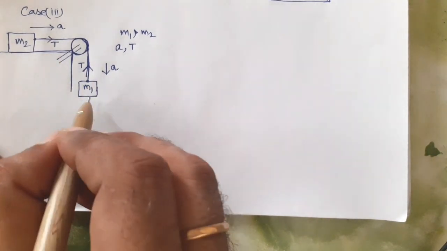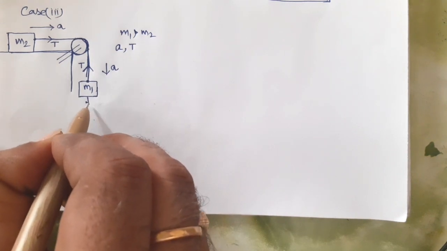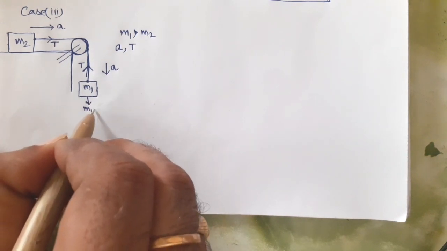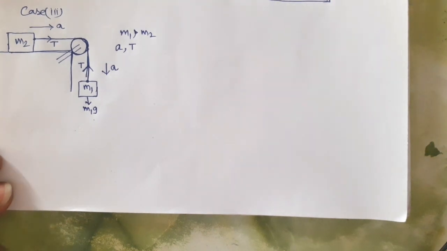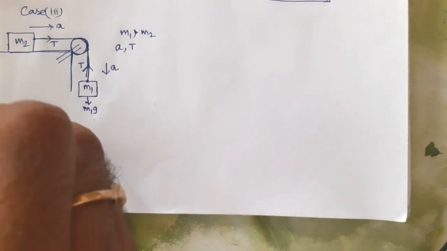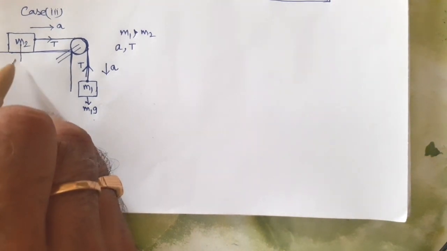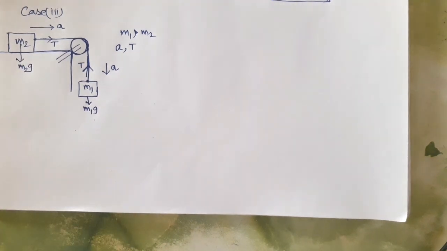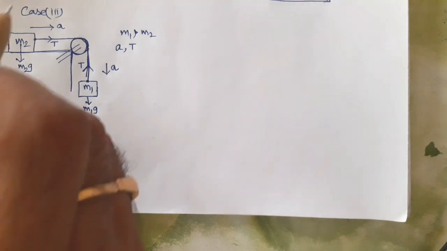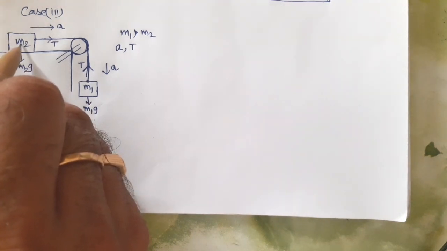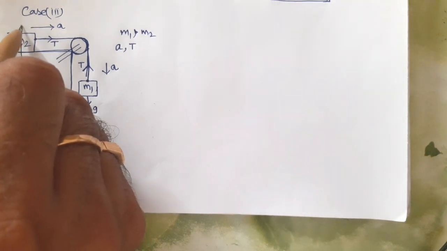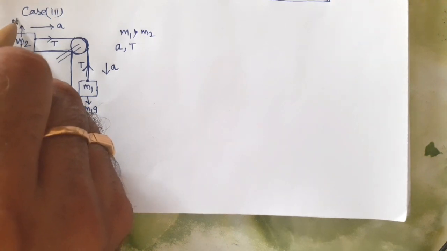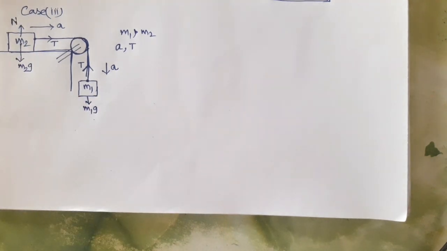Again the weight here is m1g in the downward direction, and here the weight is m2g in this direction, and because of the horizontal surface this weight is balanced by the reaction force.